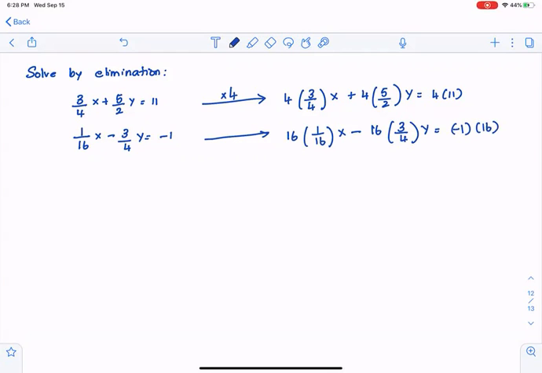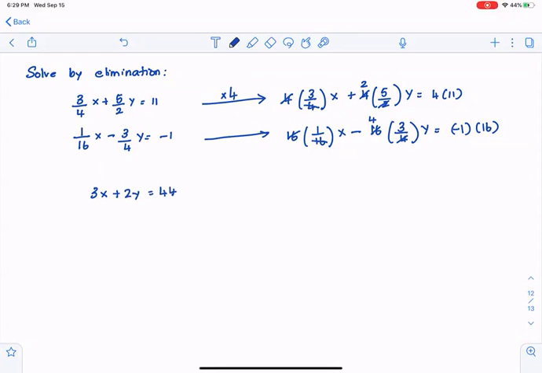So in the first equation, the 4's will get cancelled, the 2 and the 4 will get cancelled. 16 would go away, 4 and 16 would get cancelled 4 times. So the first equation would now become 3x plus 2y equals 44.